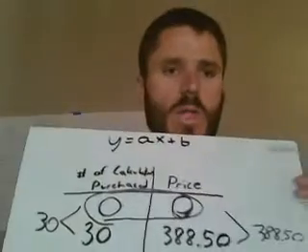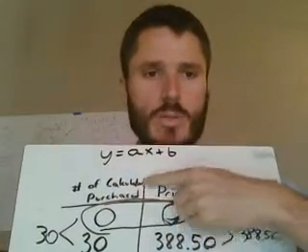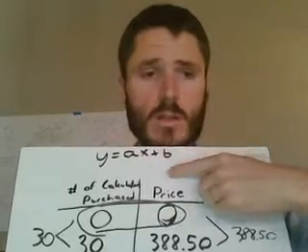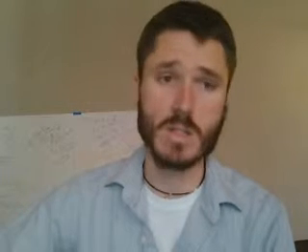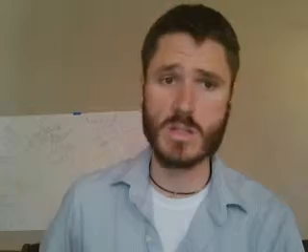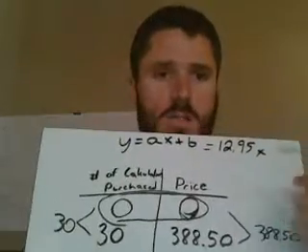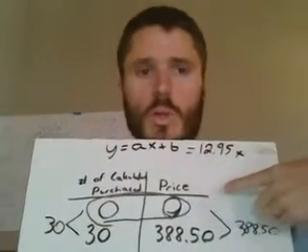Linear equations are always written in this form, ax plus b, where the a represents the rate of change and the b represents the initial value. We already have those two numbers calculated. So if we plug everything in, then our function is y is equal to 12.95x plus 0, and anything plus 0 is just itself. So our function in this case is y is equal to 12.95x. So we just came up with an equation from the information provided.